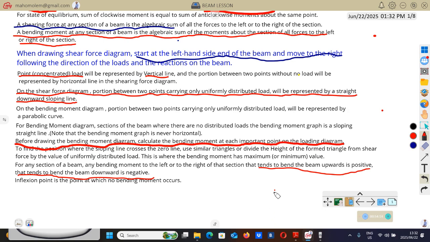To find this distance, actually you've got 3 options. But the easiest one, where is that? Okay, here's the statement.